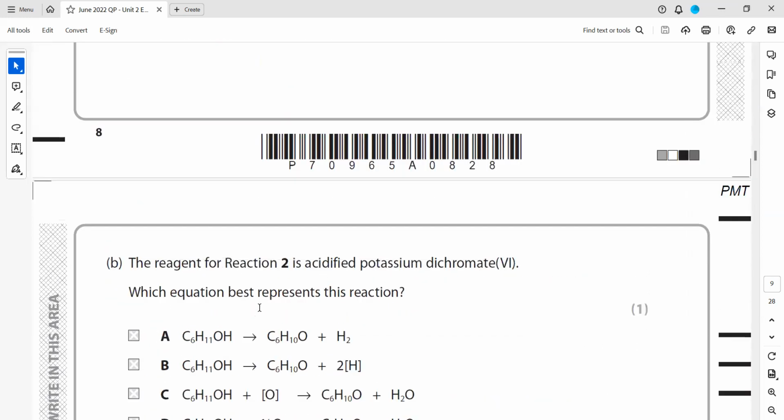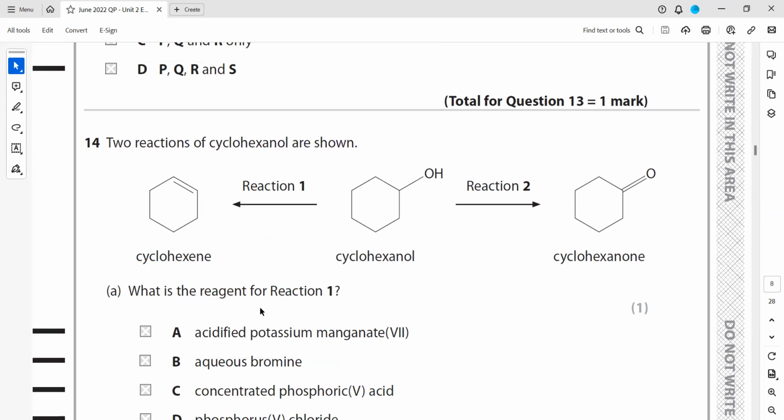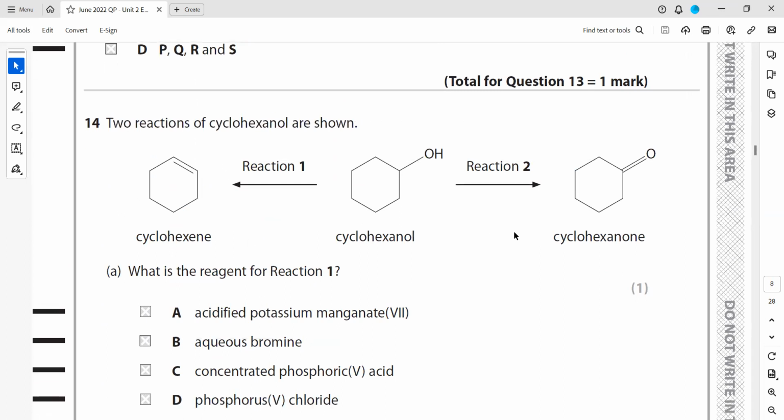What we have to check: cyclohexene has a carbon-carbon double bond, and cyclohexanol will have a CO peak and an OH peak.